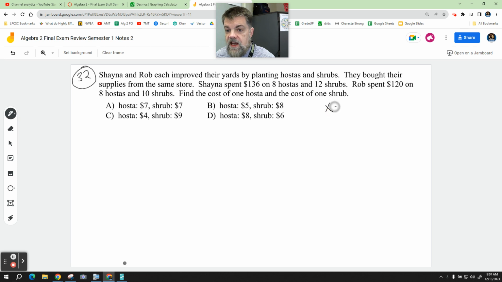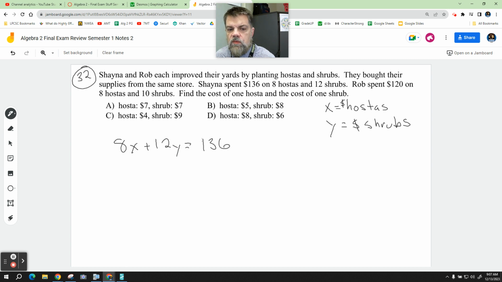So we're going to say x is the hostas, and we're going to say y is the shrubs, and it's the cost. And so Shayna spent 8x plus 12y, and her total was 136.